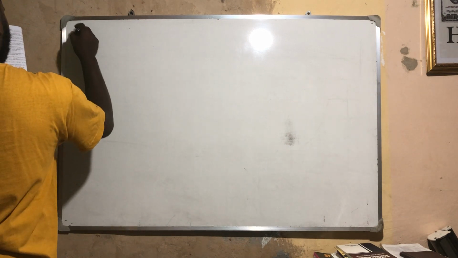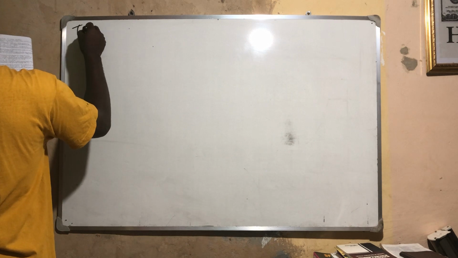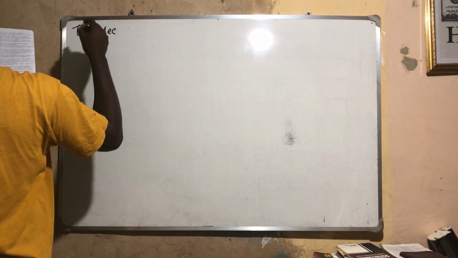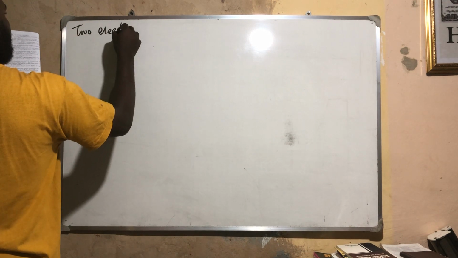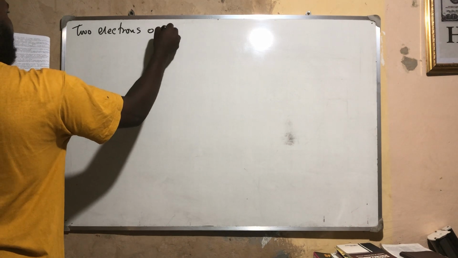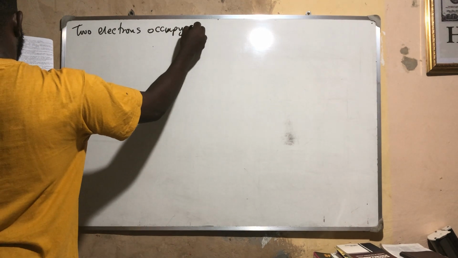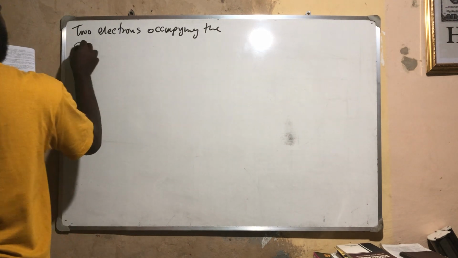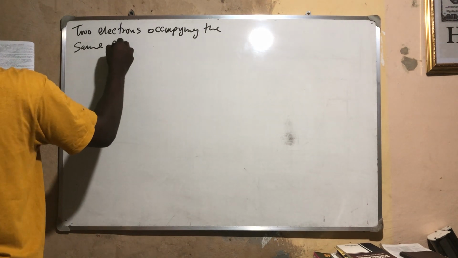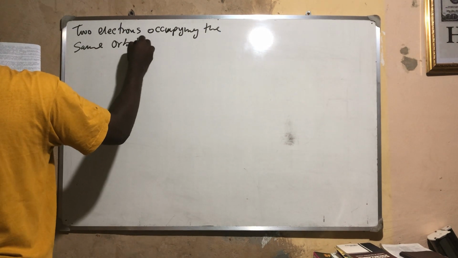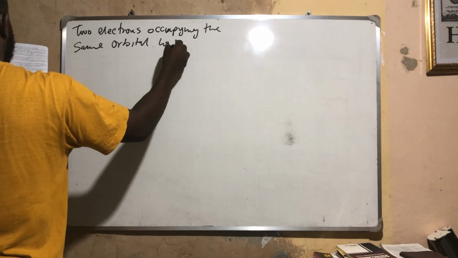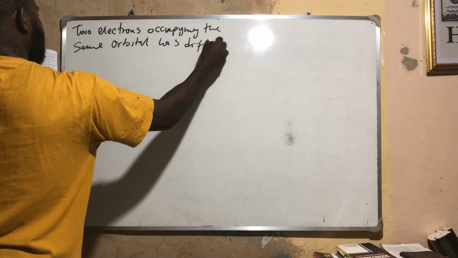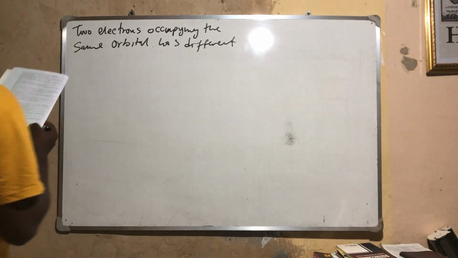Okay, so the next one, they said two electrons occupying the same orbital have different dash.